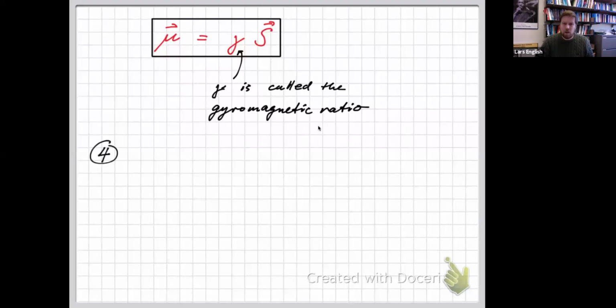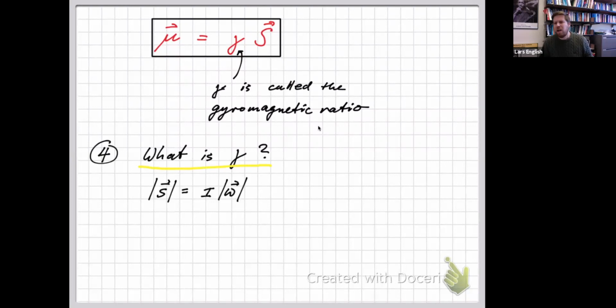We use this Greek letter gamma, and now our task is to figure out what gamma would depend on. Can we estimate gamma? We know what S is, the magnitude of S. Well, we would like to go from S to mu, so we need to tackle this gamma.